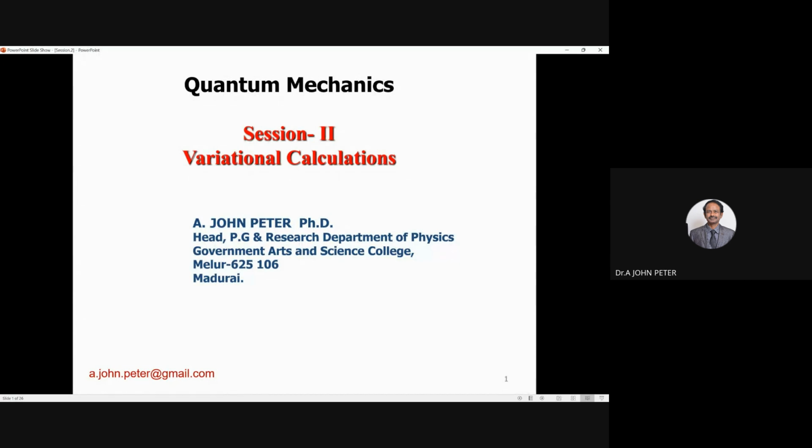This was calculated in the year 1911 by Niels Bohr: minus 13.6 electron volt. Now you are going to guess a wave function and obtain the energy value, and the energy value goes like this: minus 12.5 electron volt.